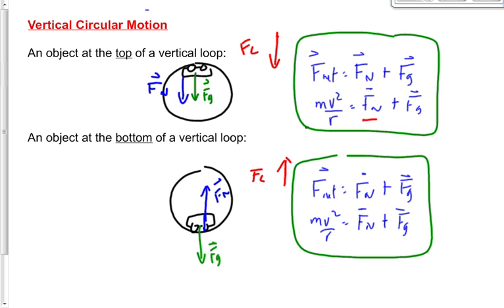Somebody else. Oliver. The gravity at the top of the circle should be which way? Yeah, so it should be negative as well, right? The centripetal force at the top of the circle should be positive or negative? Positive or negative, Devin? Why should the centripetal force be positive? At the top of the circle, the centripetal force points down, so it's negative as well.